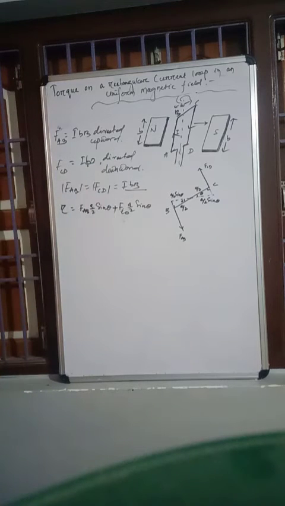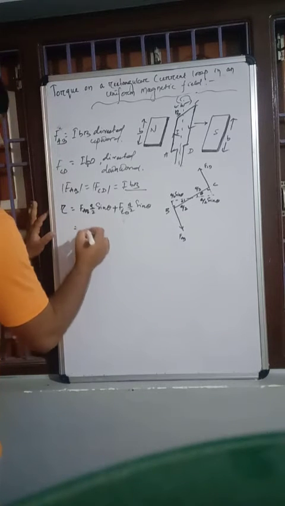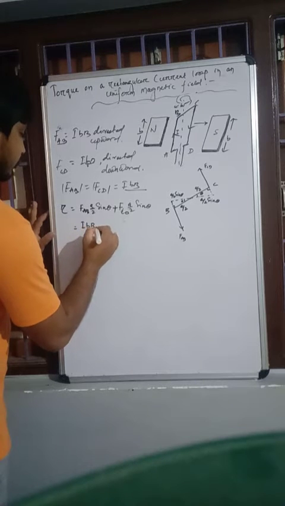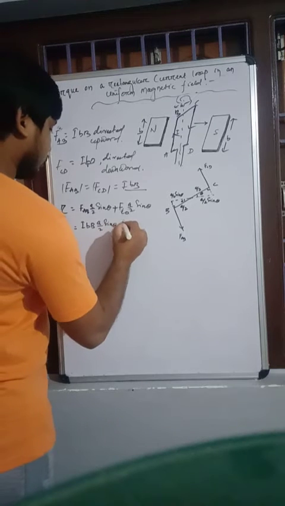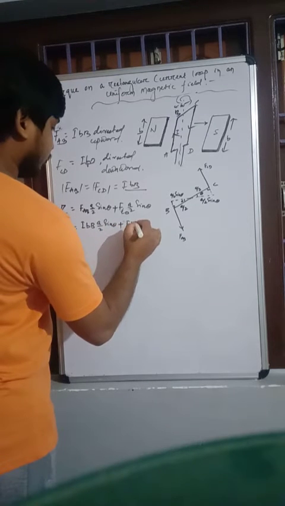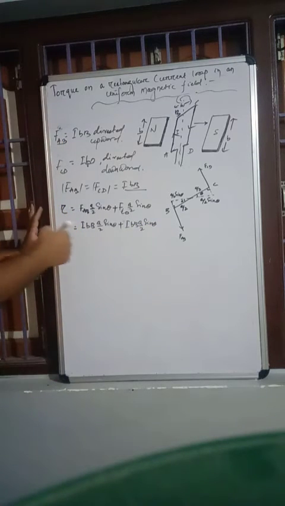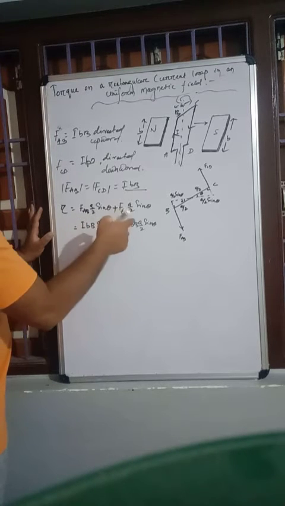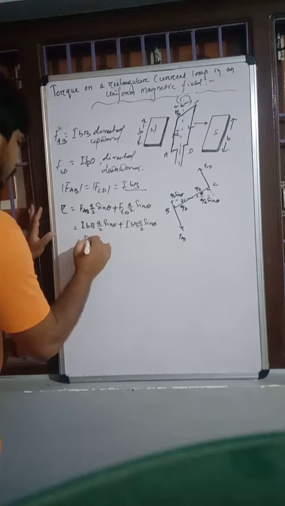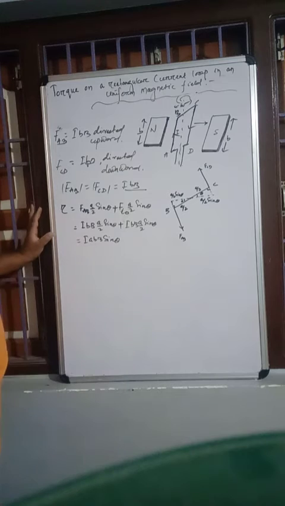Now you put the value of F here. That will be equal to IbB a by 2 sine theta plus IbB a by 2 sine theta. Again you can see that it will become 2 IbB a by 2 sine theta. The 2 will be cancelled and you will get tau equal to I a b B sine theta.